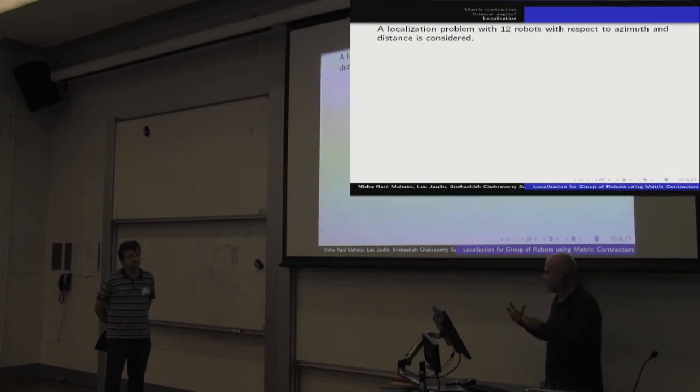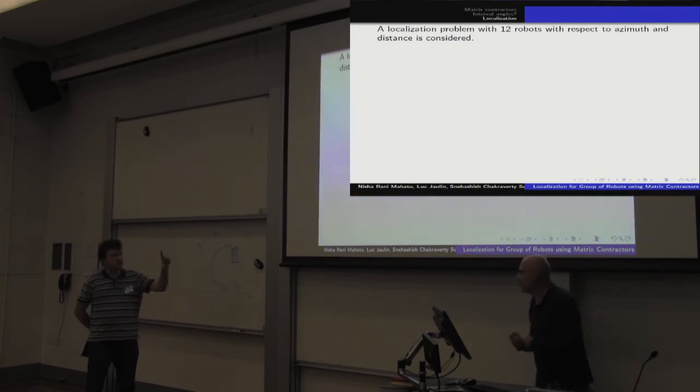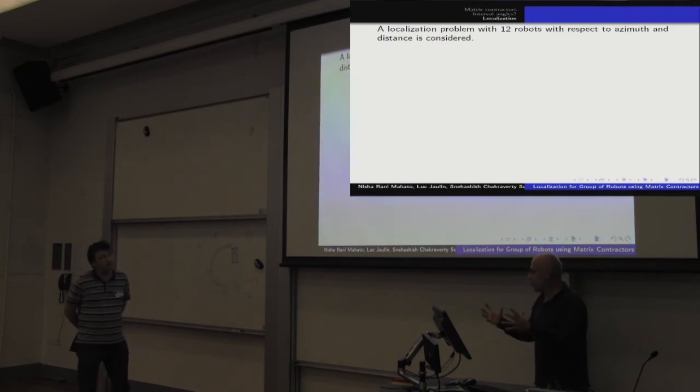So the idea is to represent the geometry of the group with distance matrices or angle matrices. The geometry is represented by this kind of matrices, with uncertainty, and we contract these intervals with respect to the constraints we have between azimuth and distance. So it's a single constraint problem altogether.